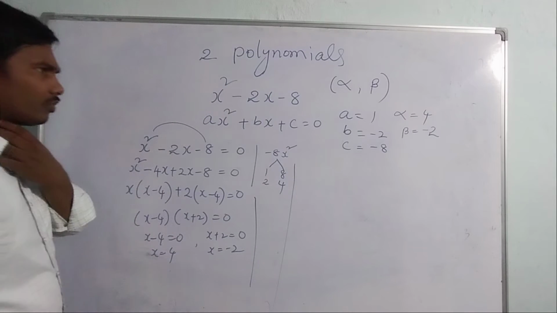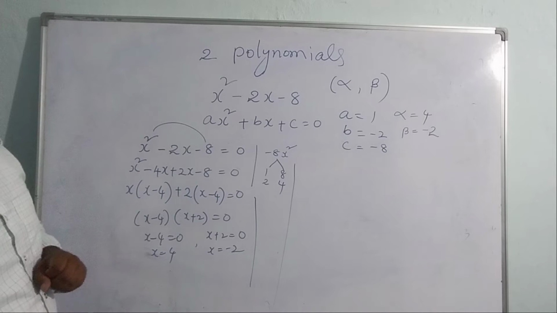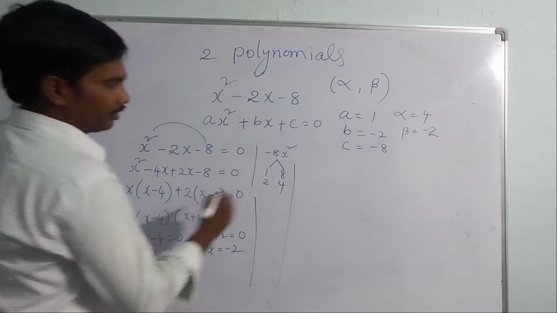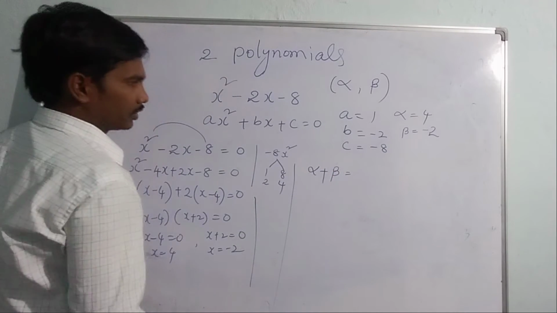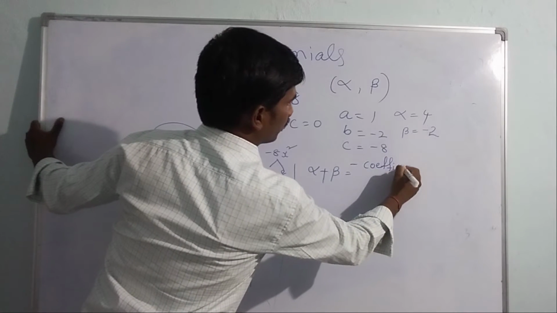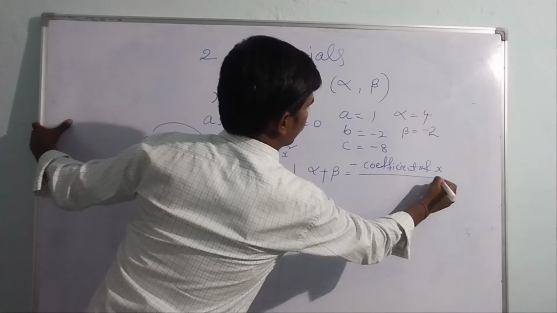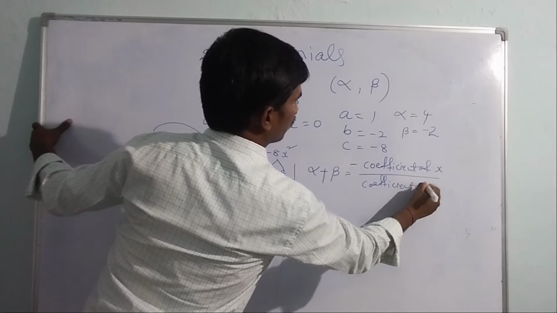Now, what is the relation between these zeros and the coefficients of x square, x and the constant? The sum of the zeros, alpha plus beta, is equal to minus of the coefficient of x by the coefficient of x square.